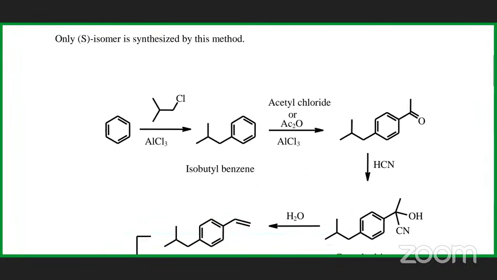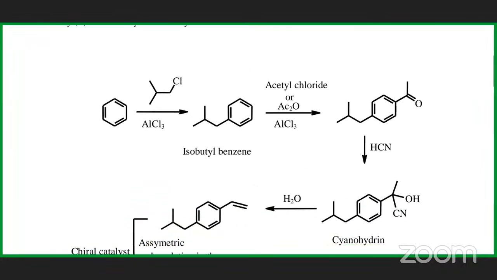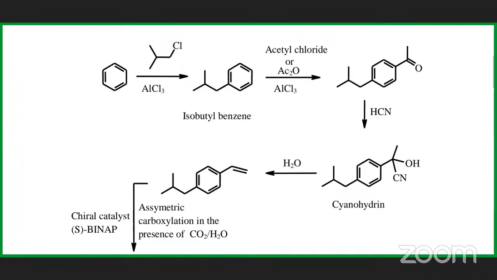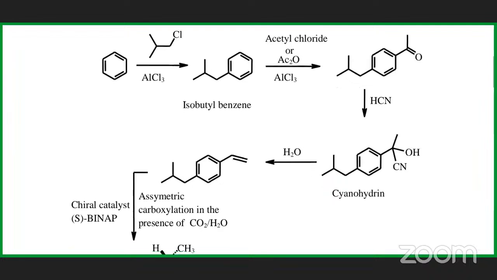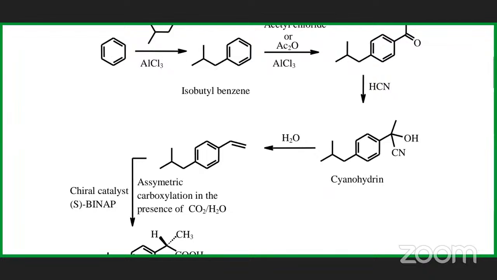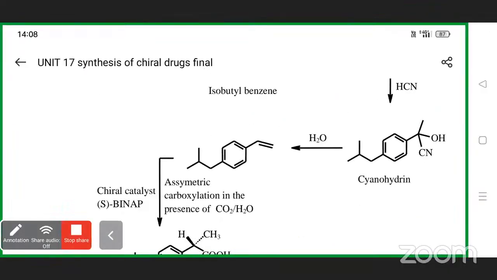We got this acetyl-substituted isobutylbenzene. And further, we go for a nucleophilic addition reaction with hydrogen cyanide. Then we get the cyanohydrin, right? And further, you can see the dehydration reaction is taking place.